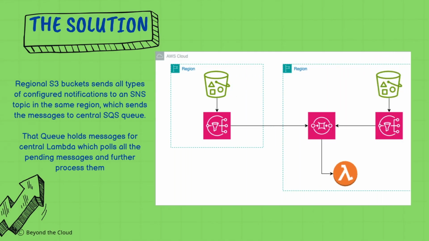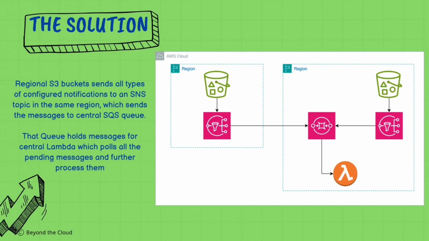Suppose we have two regions, and in one region we have one S3 bucket, and in another region we have another S3 bucket, and both buckets are creating notifications. What kind of notification? Whenever we put an object inside the bucket, it triggers a notification about what kind of object has been put in my S3 bucket. Then I want to process that object.